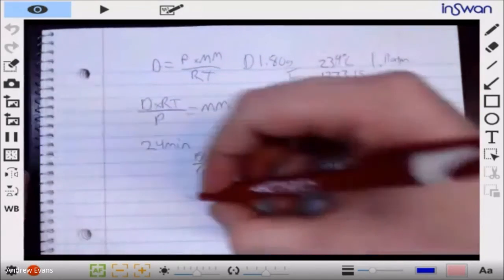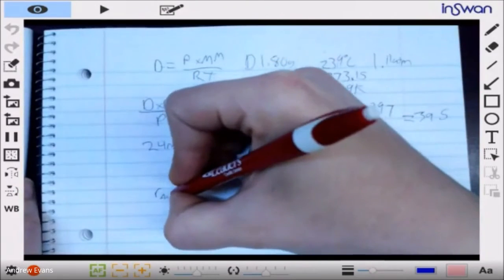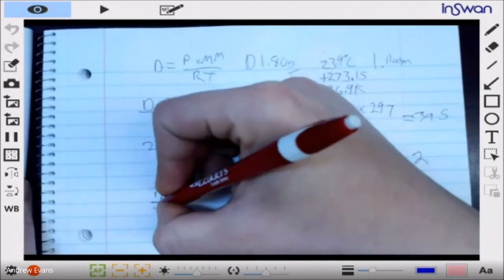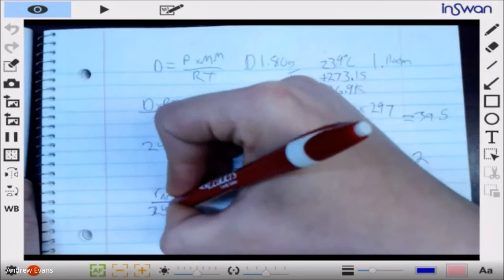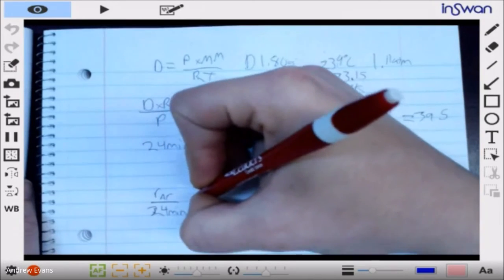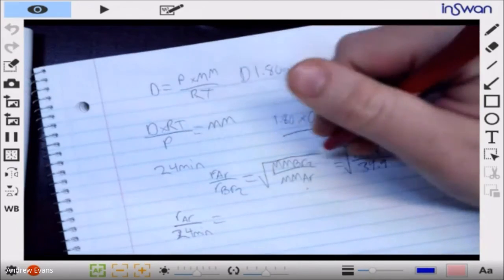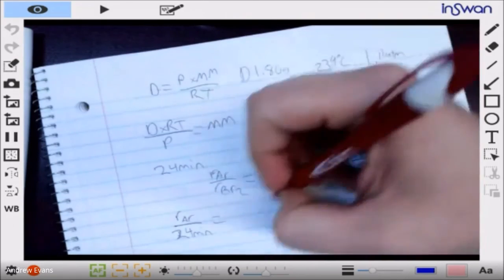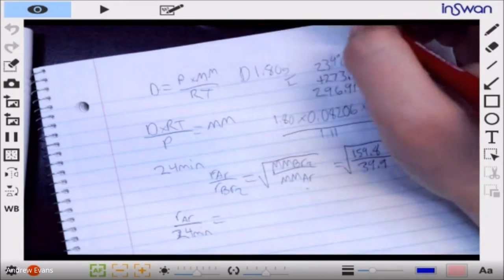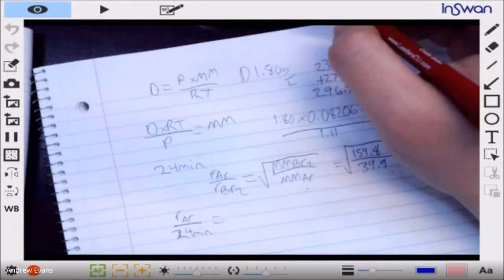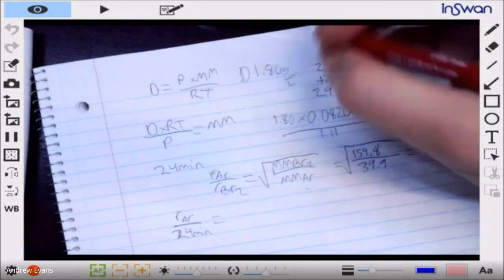And so what is the rate of argon if the rate of bromine is 24 minutes? Argon diffuses 2 times faster.